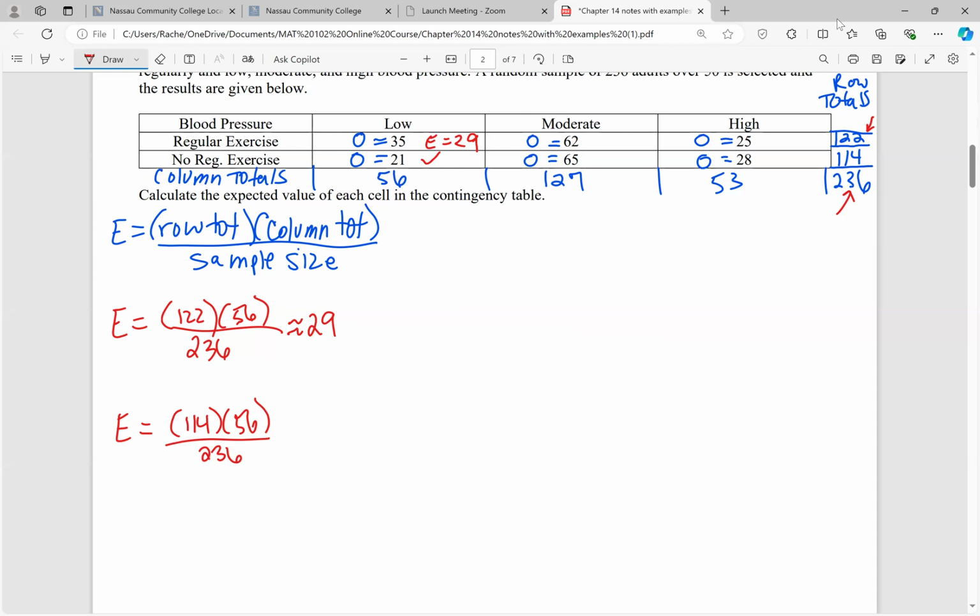I'm just going to put approximately, because we're rounding a little bit. These are all going to be rounded values. So we would expect 27 people to fall into this cell for low blood pressure, no regular exercise, if blood pressure and the amount of exercise were independent, if that assumption was true.